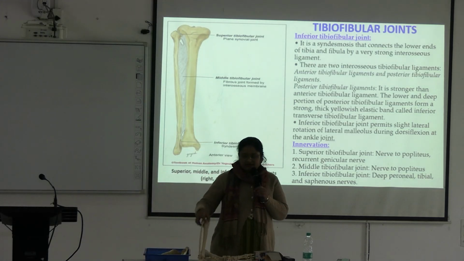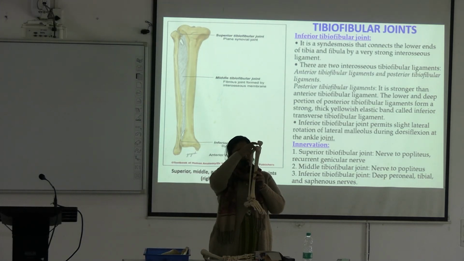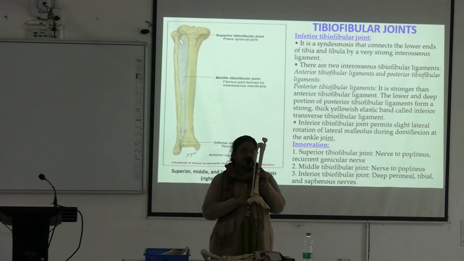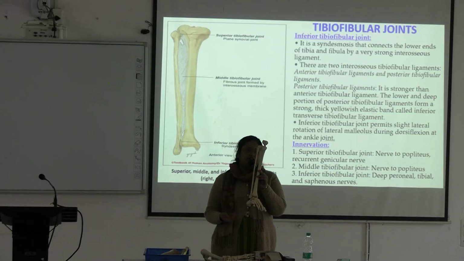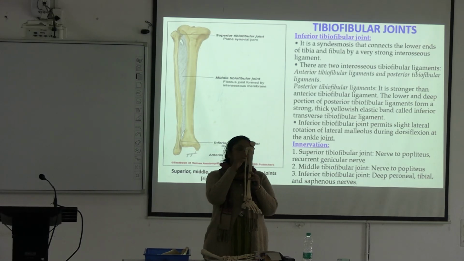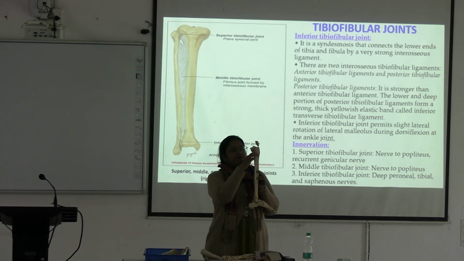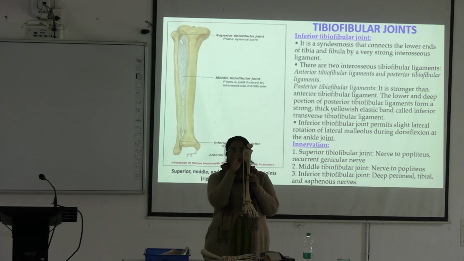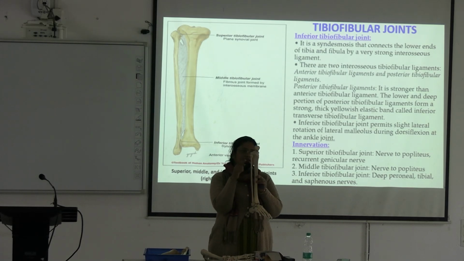So you can see here, this is the ankle joint formed by the tibiofibular mortise above and the talus below. Okay, this is a hinge type of joint. This is the superior tibiofibular joint formed between the lateral condyle of the tibia and the head of the fibula, plain type of synovial joint.